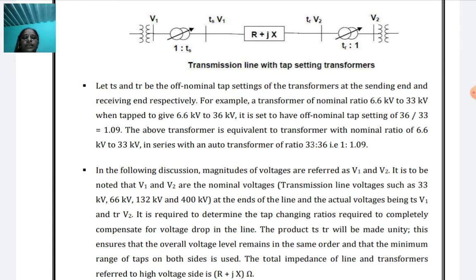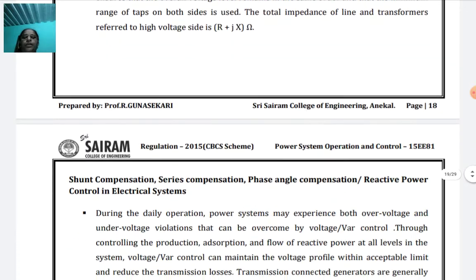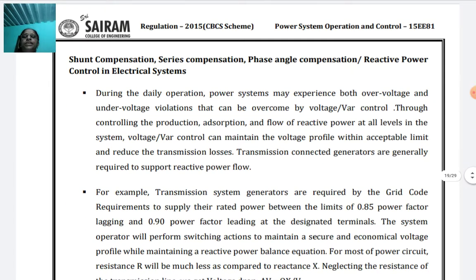TS V1 and TR V2 are the actual voltages, while V1 and V2 are the nominal voltages at the ends of the line.